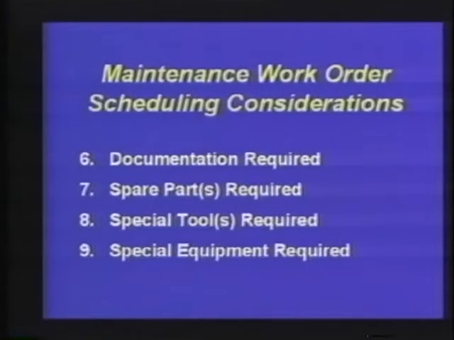Now, item 6 indicates the documentation that is required. This is a maintenance storeroom responsibility. Likewise, 7, the spare parts, a maintenance storeroom responsibility. Item 8, the special tools, a maintenance storeroom responsibility. And 9, special equipment required, is also a maintenance storeroom responsibility.